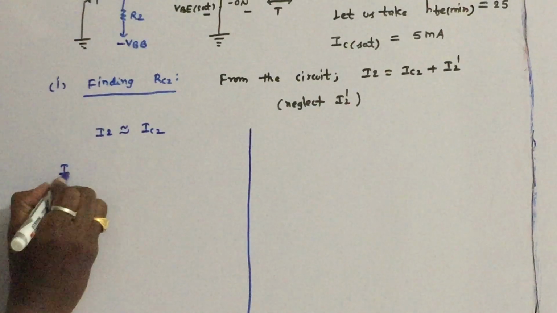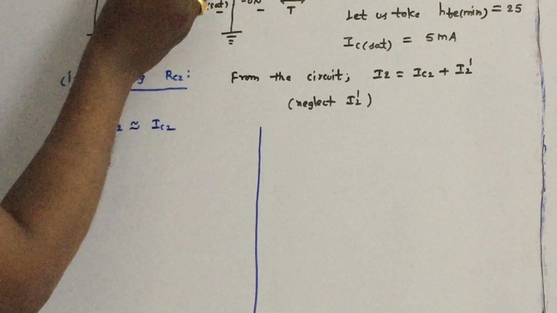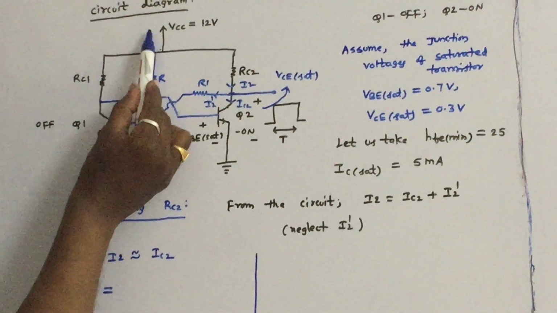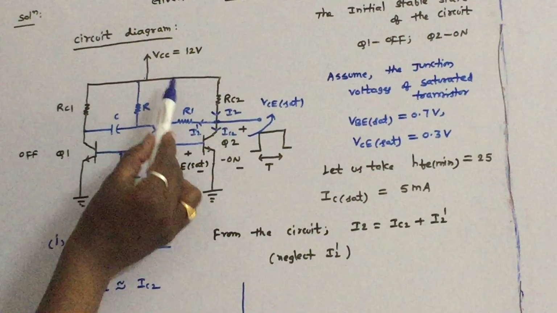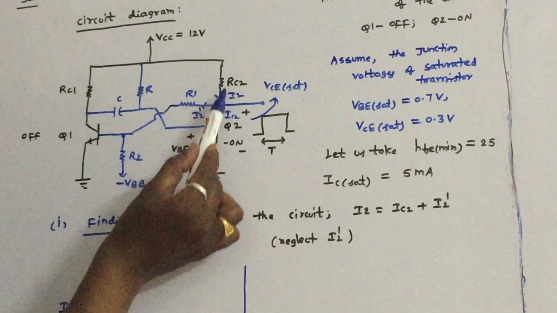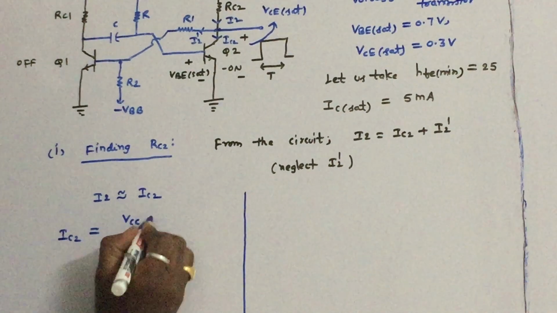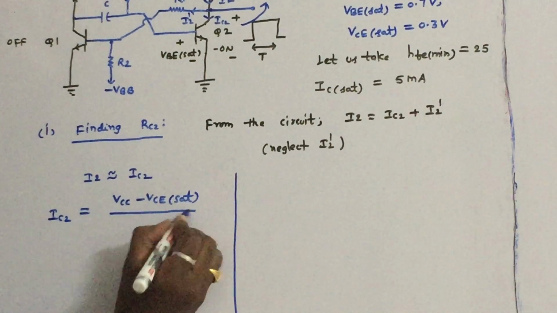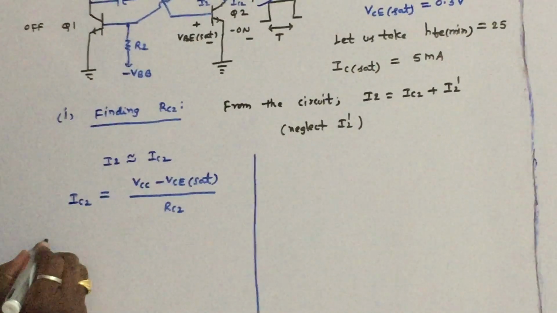From the IC2 formula which we have discussed in the previous problems, what is IC2? By simply applying KVL to this loop on the transistor, VCC minus VCE saturation by RC2 is equal to IC2. So from which calculate RC2. RC2 is straightforward.